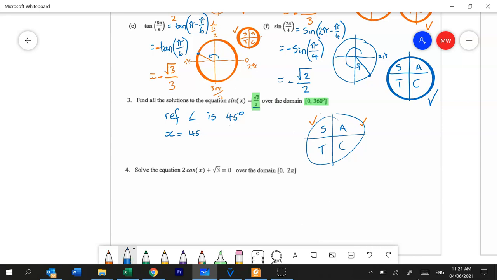Or x can also be 180 minus 45 degrees, because it could have also happened over here, okay? So that means that x is 45 and it's also 135 degrees.